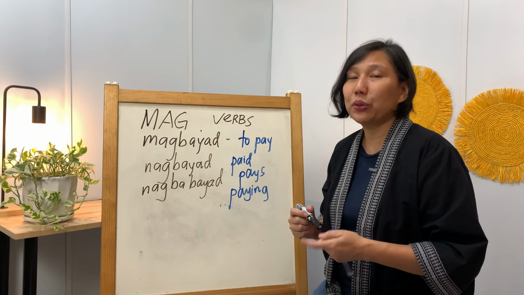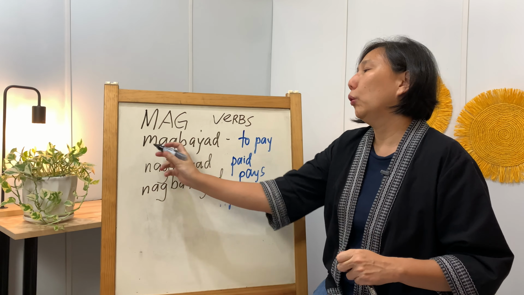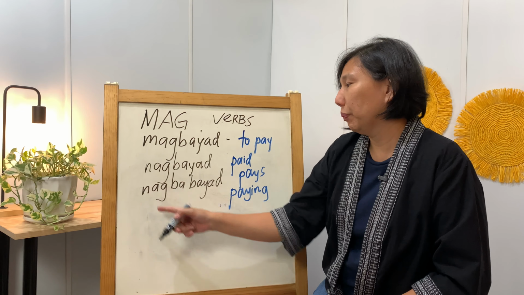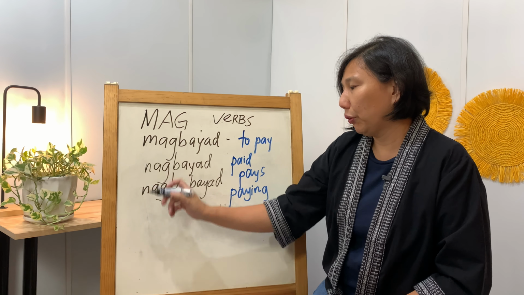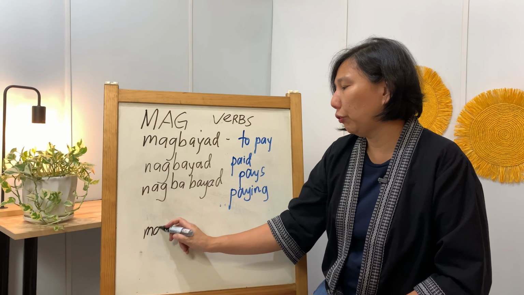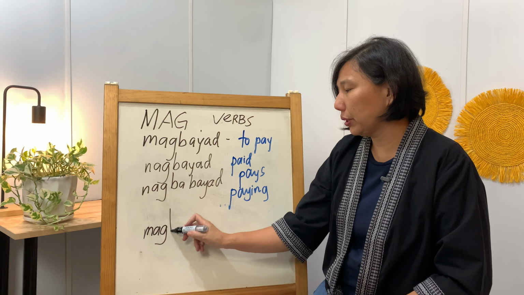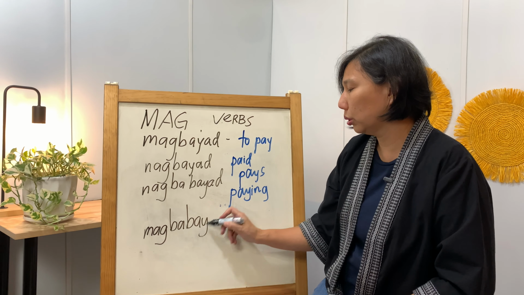Now, we have the last one. When you form the future or the contemplative aspect in Filipino, we go back to your mag. For the first two, you change M to N. For your future, we go back to M. So the prefix mag, but we repeat the first syllable of the root and then attach the whole root.